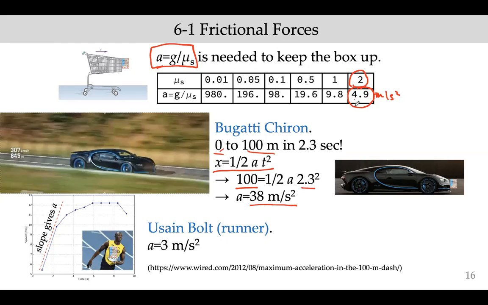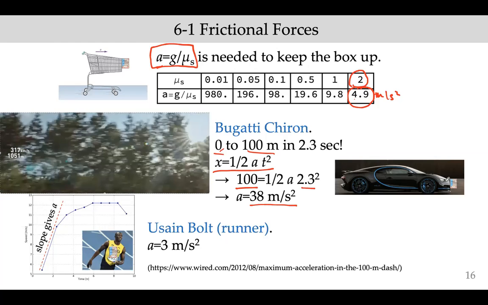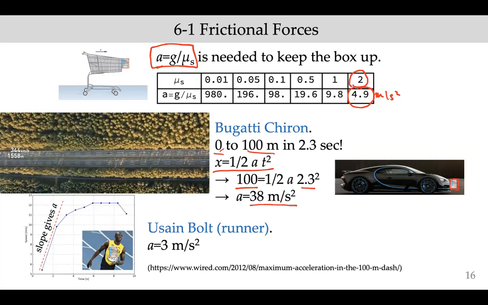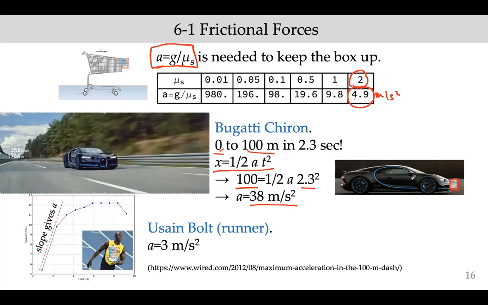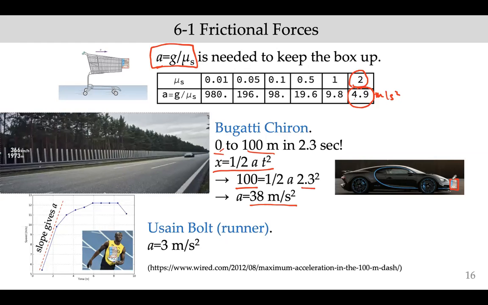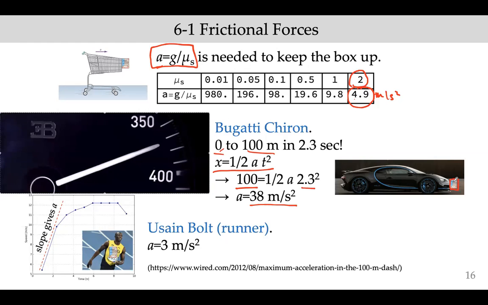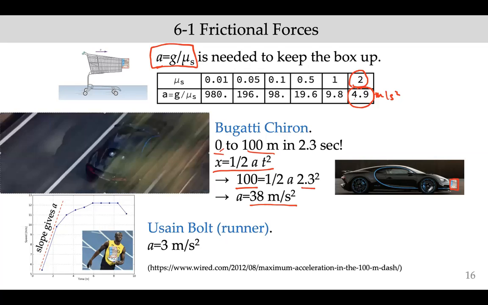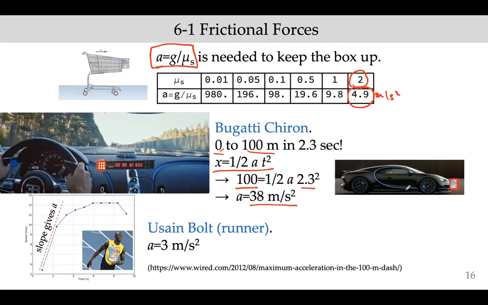So it's much larger than this number, right? So if you put the cereal box here and ignore the air resistance and the flow of air, everything, the Bugatti Chiron can actually hold the cereal box here without having it slide down or fall down.